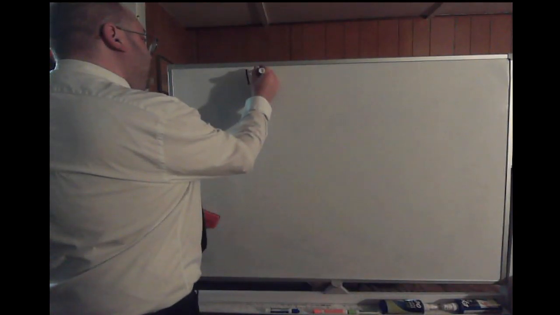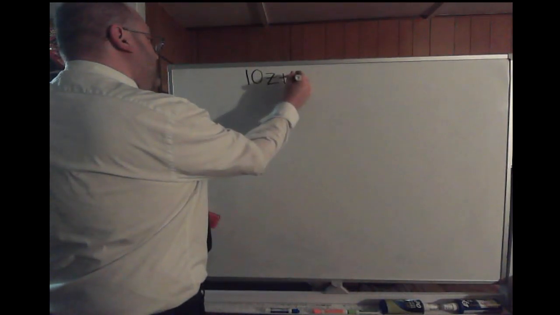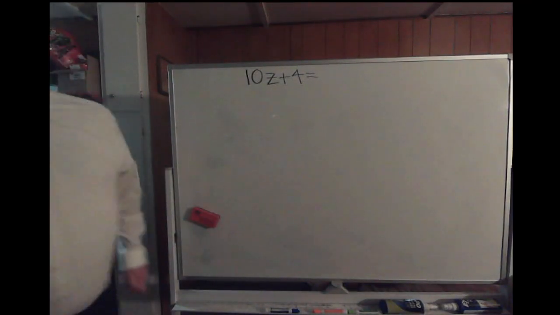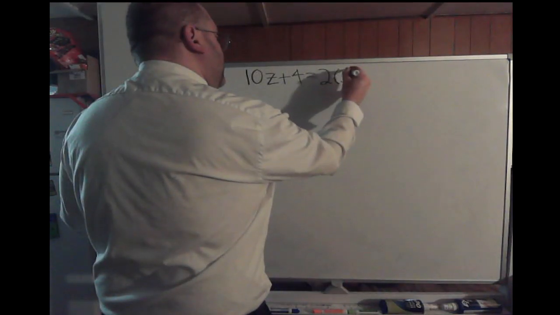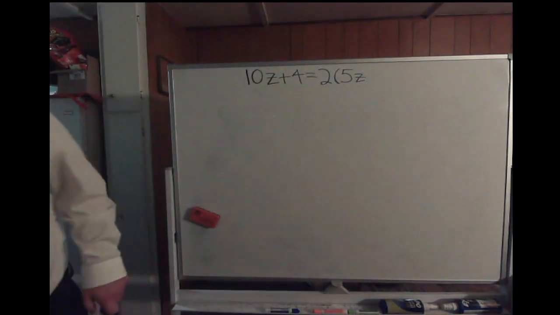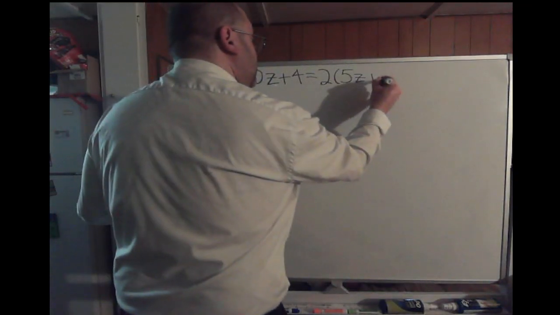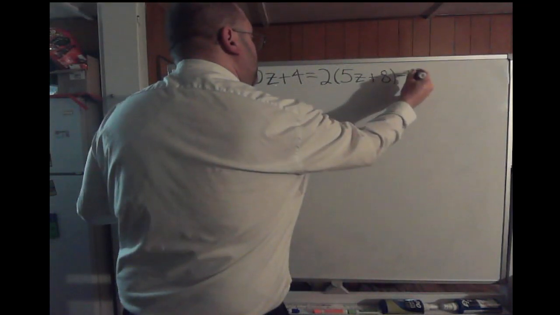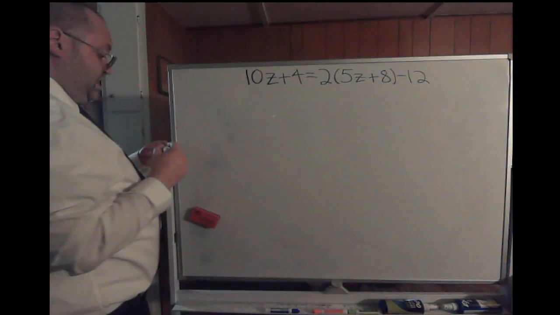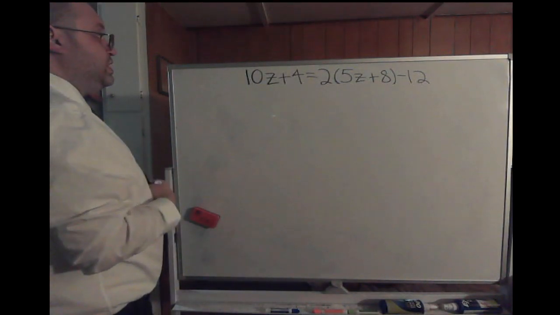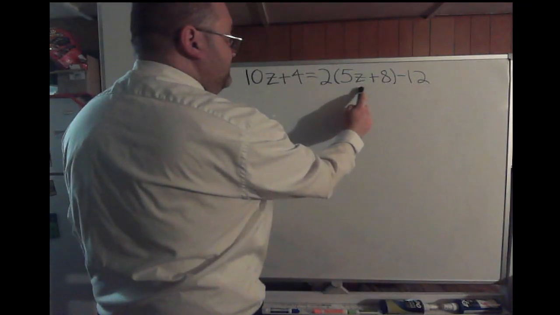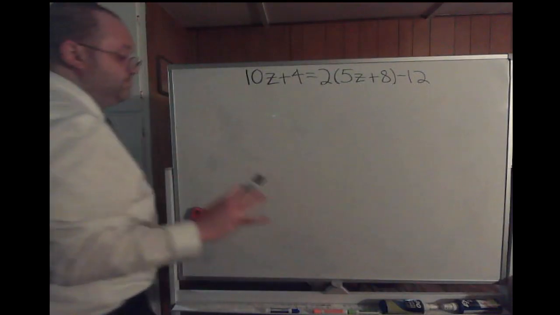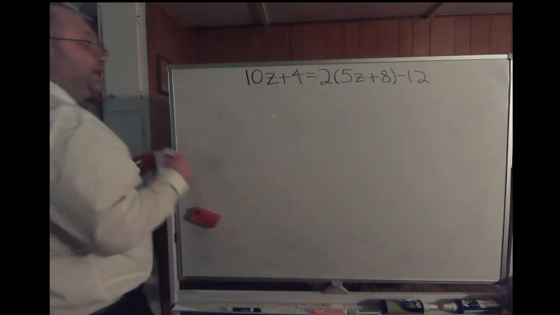But alright, so we have 10z plus 4 is equal to 2 times the quantity of 5z plus 8, that whole thing minus 12. So, of course, we're going to start like we would any other problem.